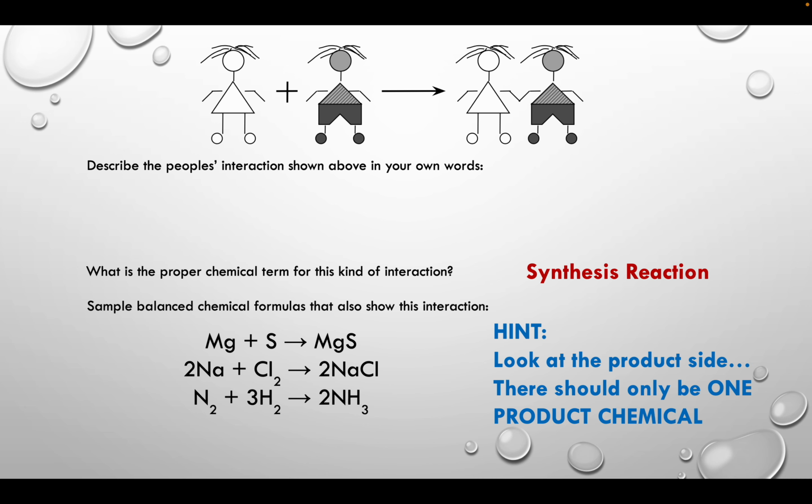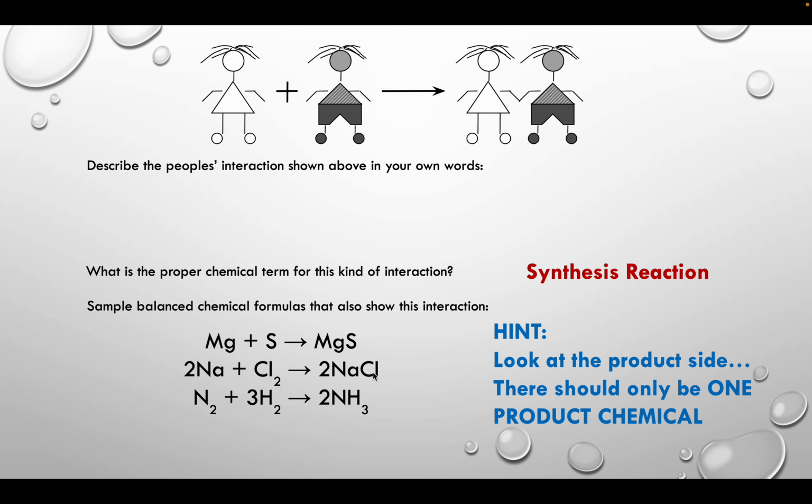Now, when you look at these, you're going to need some hints, because once you start looking at chemical reactions, all they look like is a bunch of letters with some arrows between them. So what I want you to do is look on the product side. The product side is over here. The MgS, the NaCl, there will only be one chemical on the product side. And you're going to say, well, Sturman, there's a 2 here.